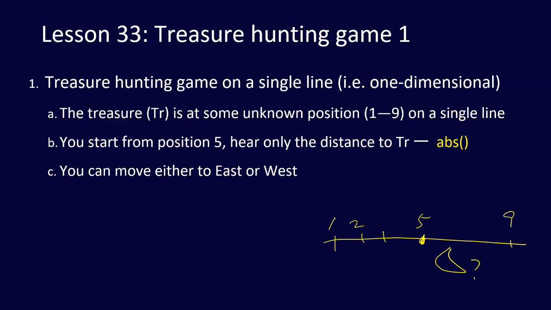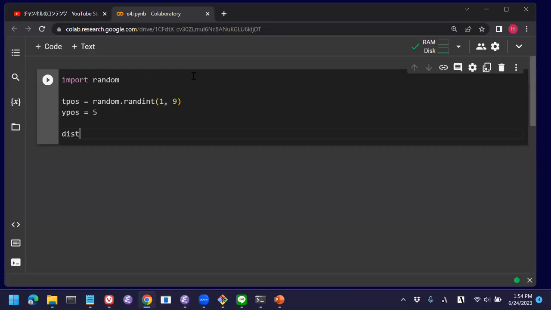Here we only show the distance. This distance is calculated as the absolute value of tpos minus ypos, meaning that whichever is larger, the absolute distance between the two is given. Given that you can make a move of west or east, we use input.